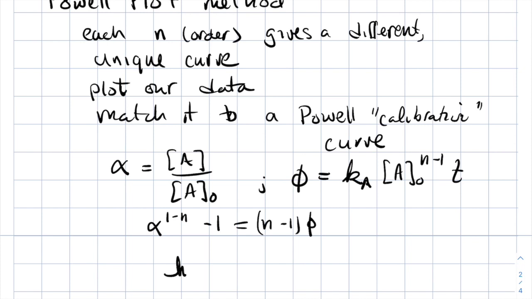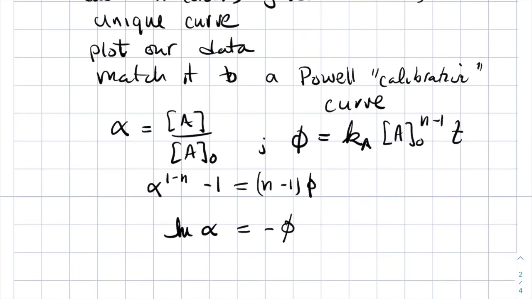So what we're going to do is plot log of the alpha, which gives us minus phi, right? So what we really plot is the alpha versus log of phi, in other words, versus ln of t, right? Here's the t.